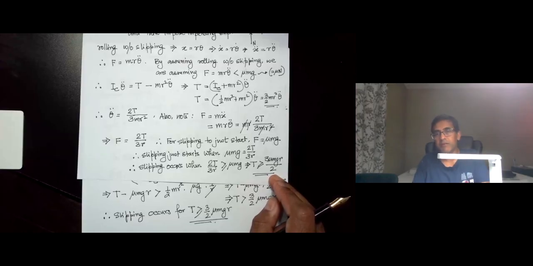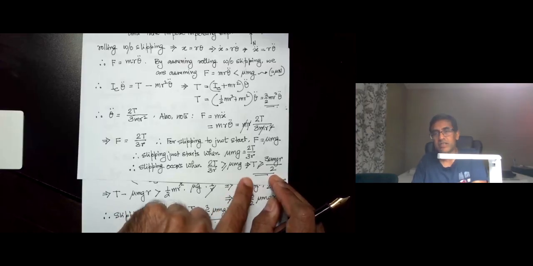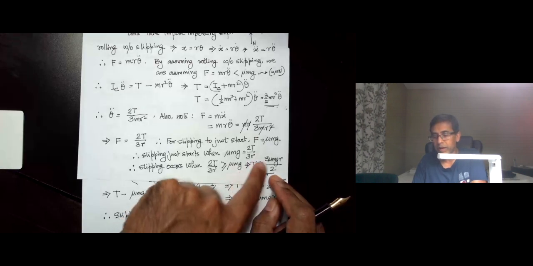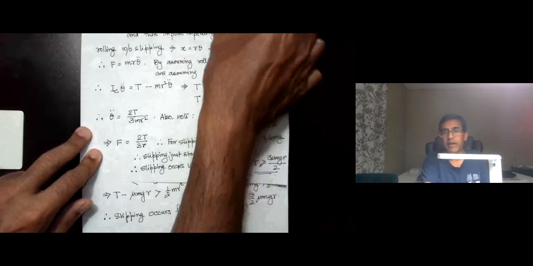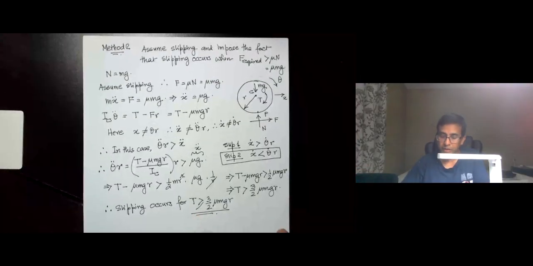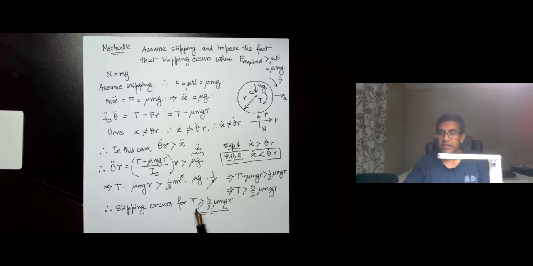And we found that when it is just about to slip, the torque must become greater than or equal to 3 by 2 mu mgr. And here we are saying that if we assume slip, then for that slip to actually occur, the torque must be greater than 3 by 2 mu mgr. So the two results are consistent. We have applied two methods and we have come up with the same results.